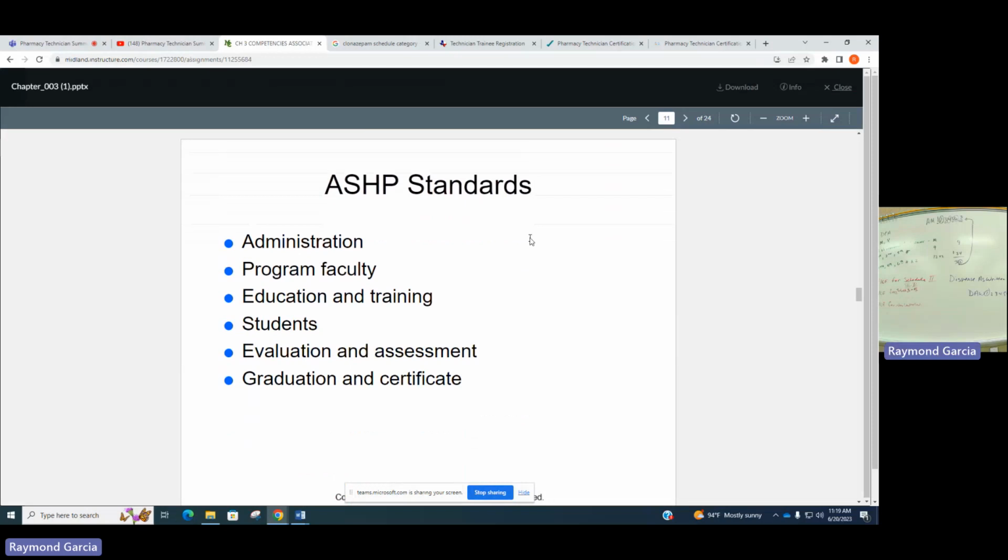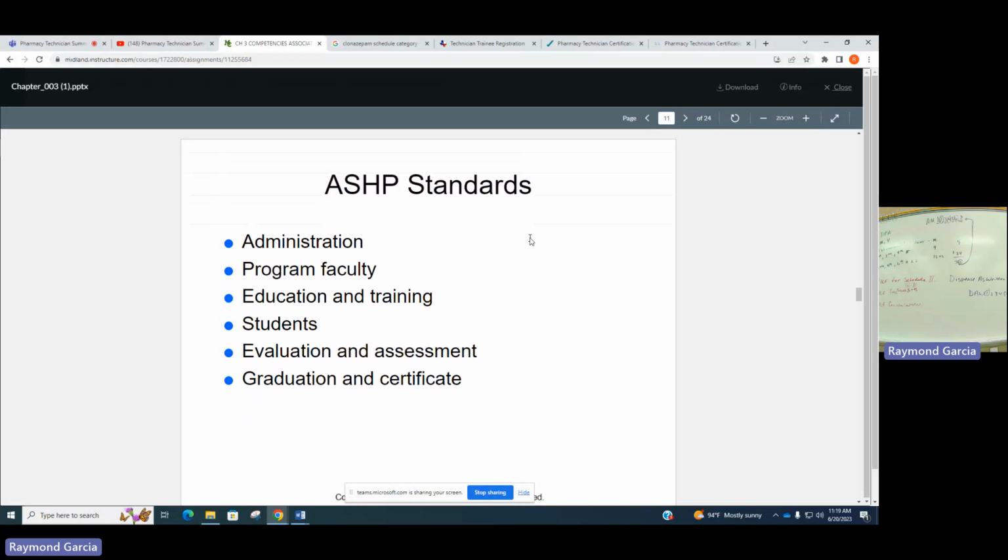So let's look at the ASHP. It gives you some insight on ASHP on page 68.